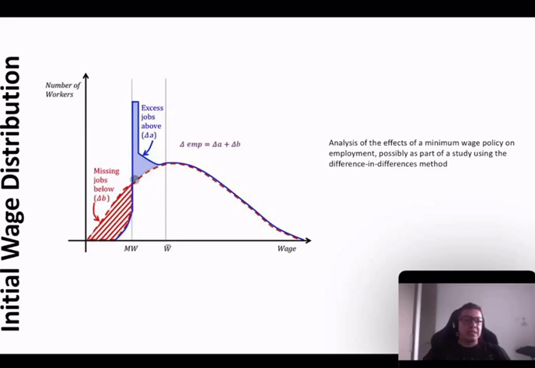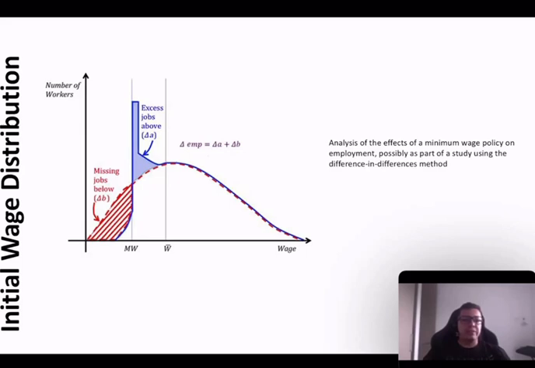In conclusion, this graph illustrates how an increase in the minimum wage can have both positive and negative effects on employment. The sum of the additional and the lost jobs will determine whether the net change in employment is positive or negative.